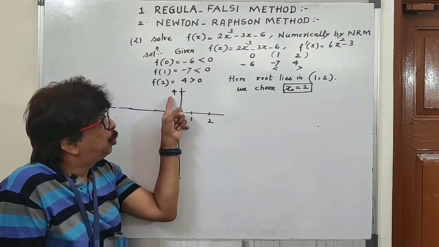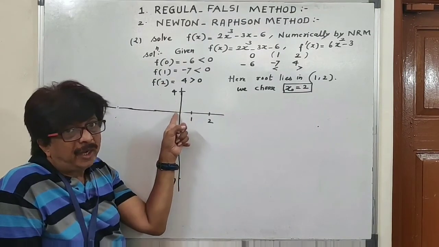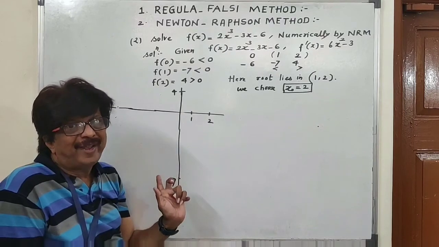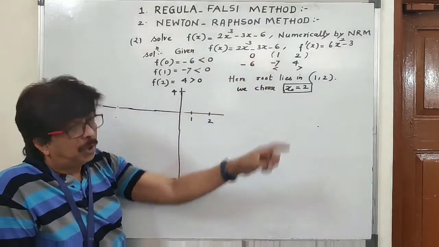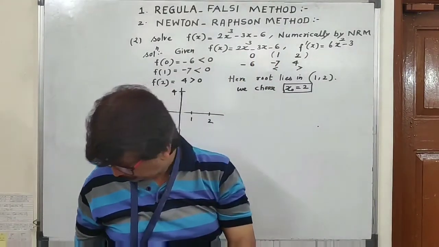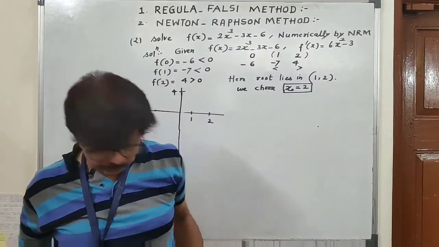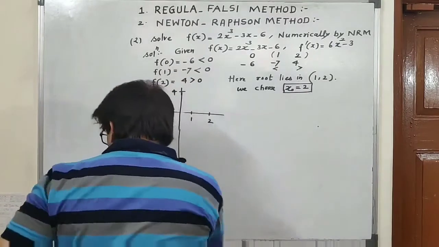This f(2) is 4, which is nearer to origin as compared to the f(1) value. So we choose x₀ = 2.